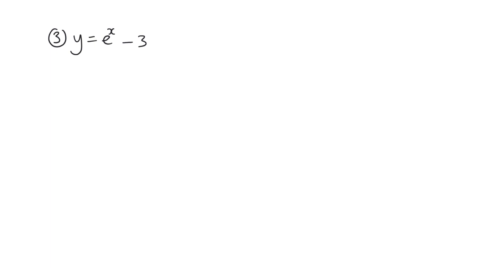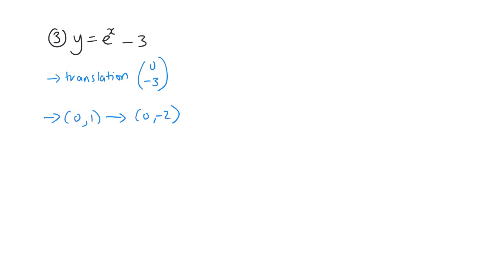Our third one then, y equals e to the x minus 3. So we're subtracting 3 from the whole equation, so that's a translation, and we know it's going to go up or down. It's minus 3, so it's going to go down, so it will go none to the left or right, and down 3. So that means that the point 0, 1 moves down to 0, minus 2, and it also means the asymptote will move. So it's going to move down to y equals minus 3.